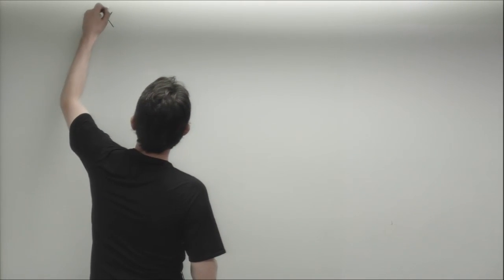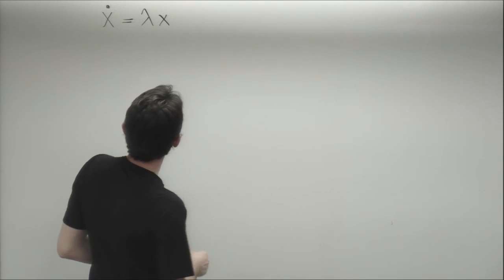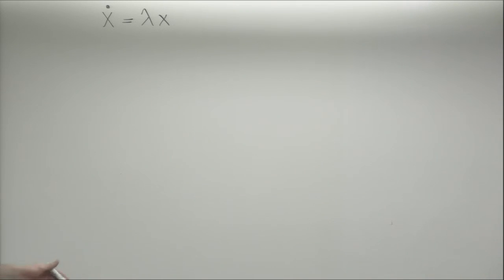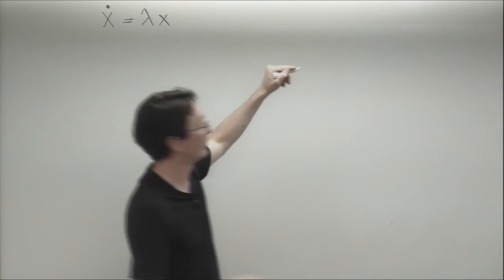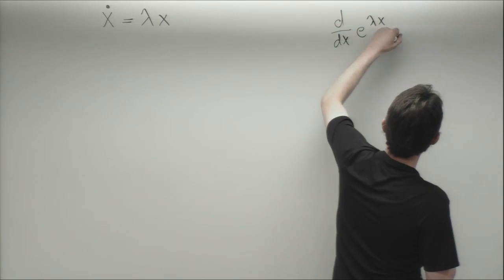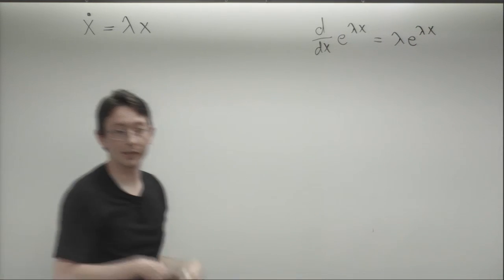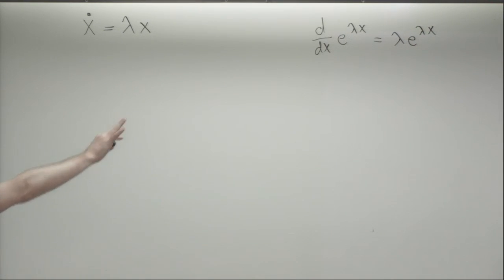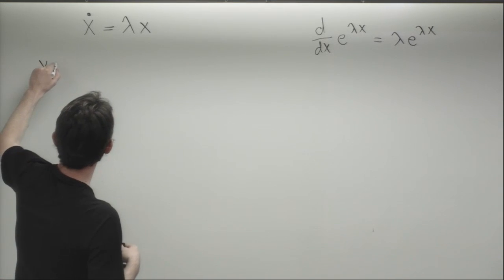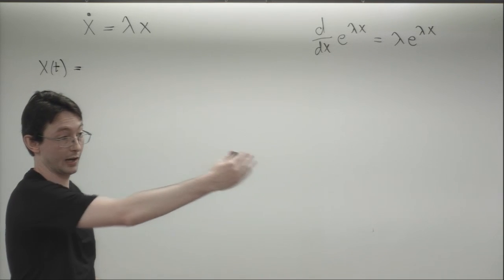So I'm going to take this diff EQ, x dot equals lambda x. And instead of just assuming that we know a way of integrating this using calculus, or that I know the derivative of e to the lambda x equals lambda e to the lambda x, which is just a fact from calculus that I know, next time we're actually going to make another type of assumption: that x can be written as a Taylor series expansion of time.